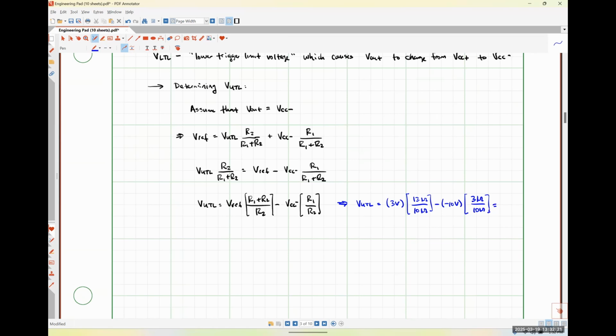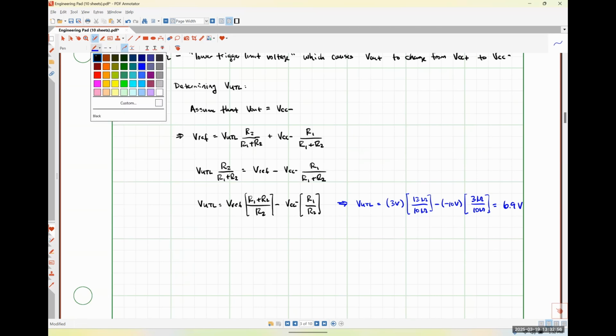And if I put this into my calculator, so 3 times 13 over 10 plus 10 times 3 over 10, I get 6.9 volts. Okay. So that seems reasonable. We'll look at it more exactly here in a moment.